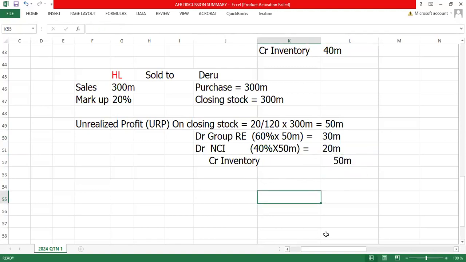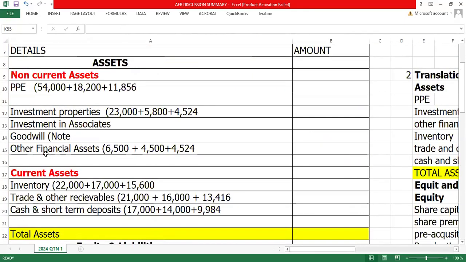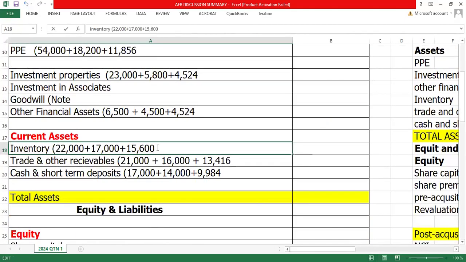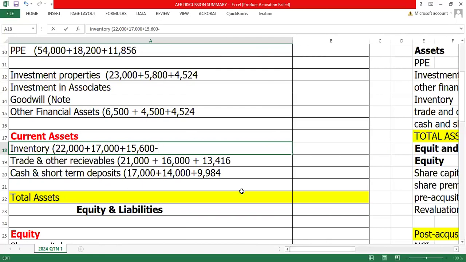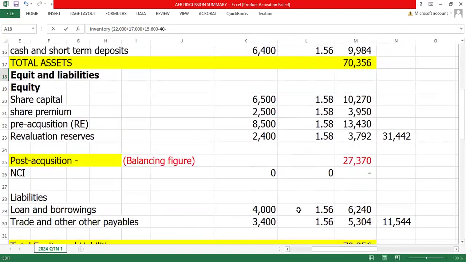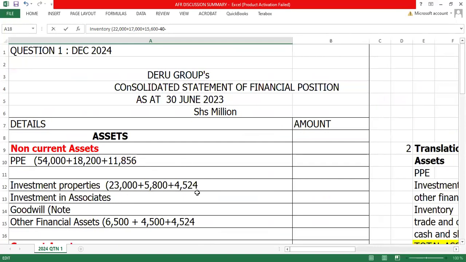So you already have your inventory here. Eliminate the first one, which was 40. Then eliminate the other one, the 50.